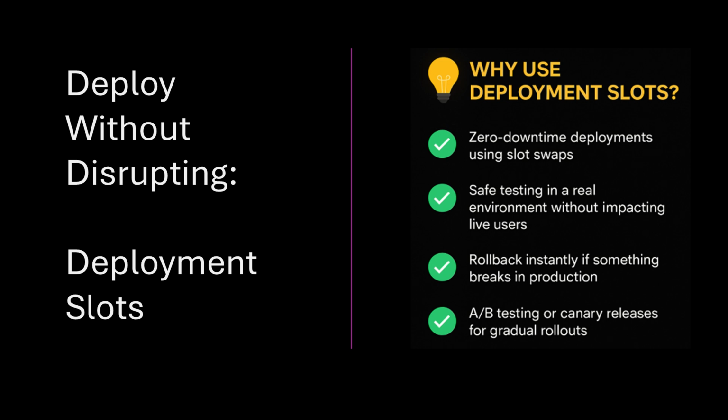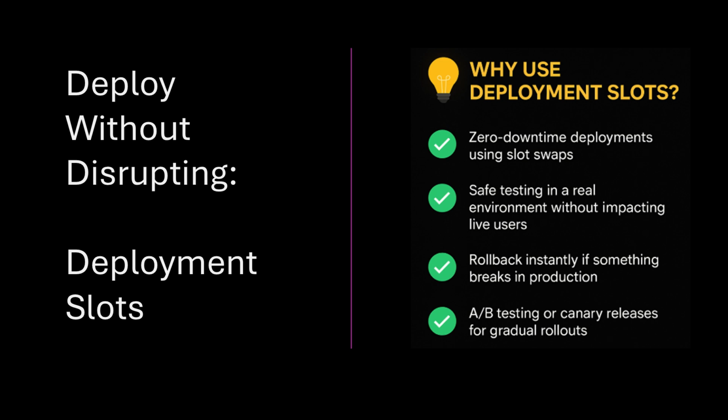Imagine being able to test a brand new version of your app live in the cloud without your users ever noticing a thing. That's the power you unlock when you use deployment slots in Azure Web Apps. By default, your app lives in the production slot, but you can create additional live environments like staging, testing, or canary, all running alongside production.